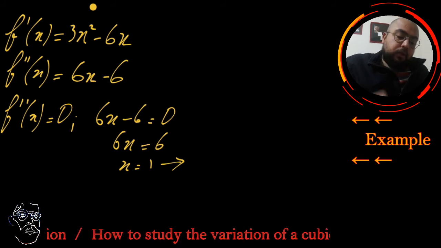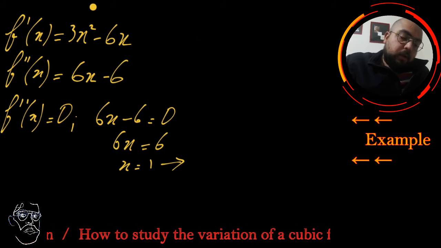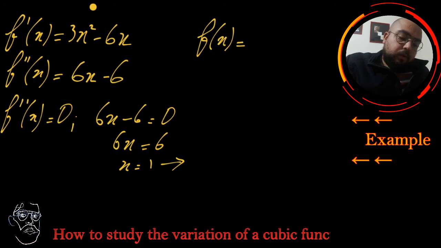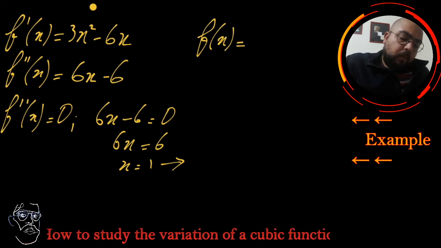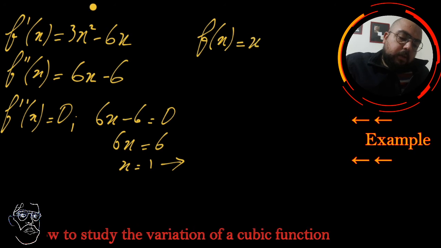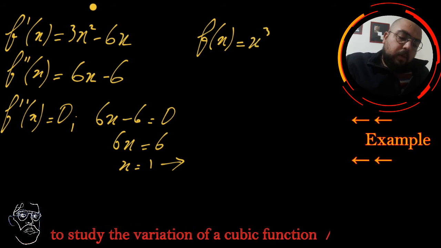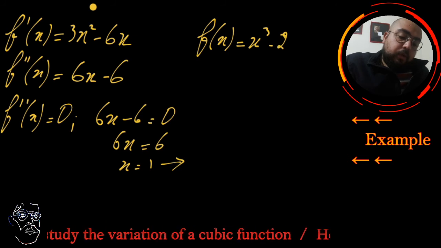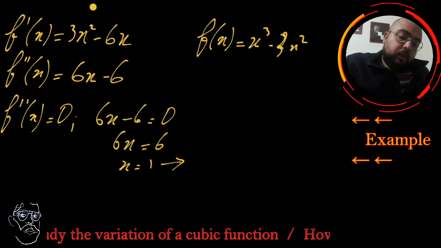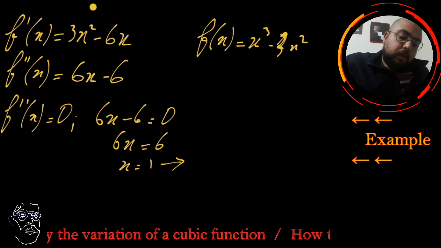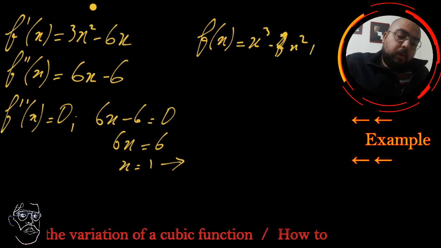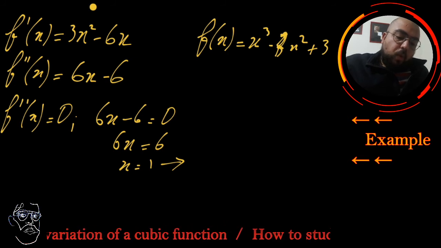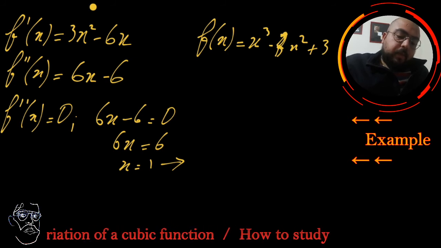So for x equal to 1, once you replace in the function, your function was f of x equal to x³ minus 3x² plus 2.